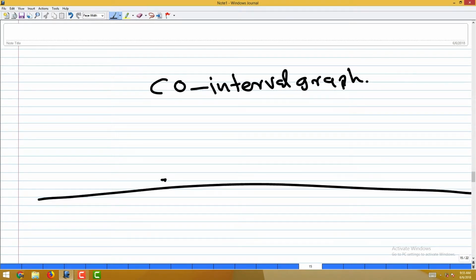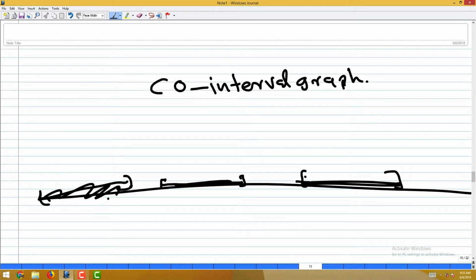For instance, if this is an interval and if another interval is not intersecting with this, it should be either after this or before this. So, whenever two intervals are not intersecting, one is to the left or right of the other, and therefore there is a natural order in this increasing way. So, we can say that one is greater than the other.